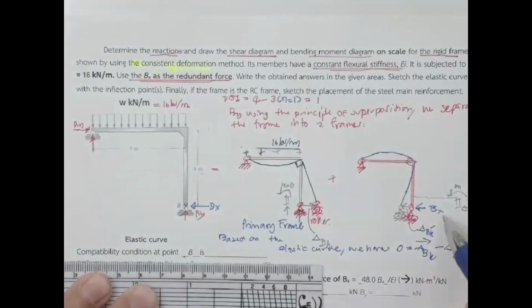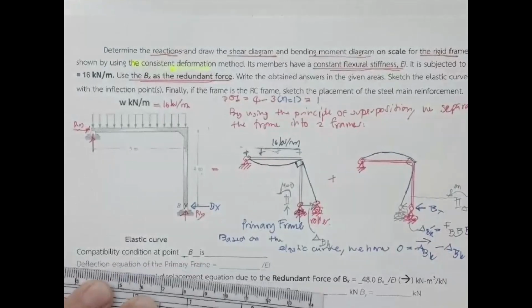And then since B sub X is unknown, we assume it to be 1.0, and then you will get this one is going to be the displacement at point B due to 1 unit load applied at point B, times B sub X. Now you have this equation in the form of this one.